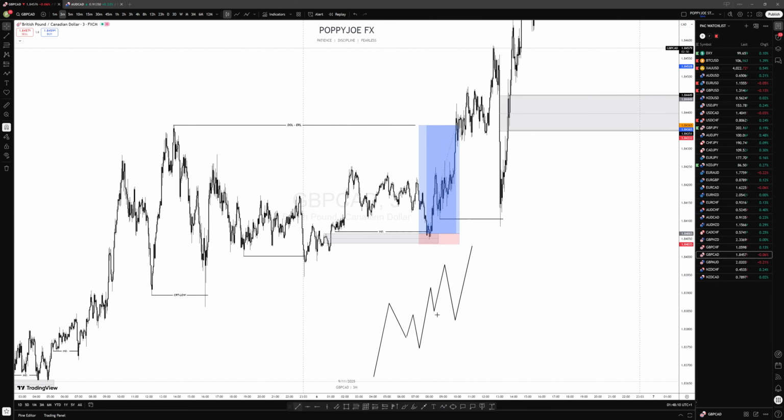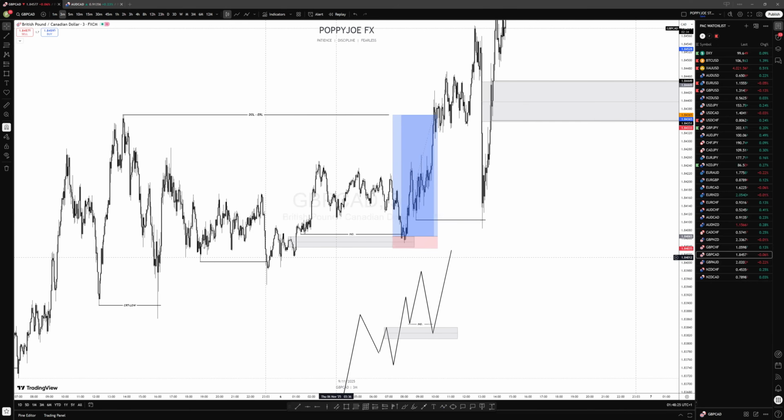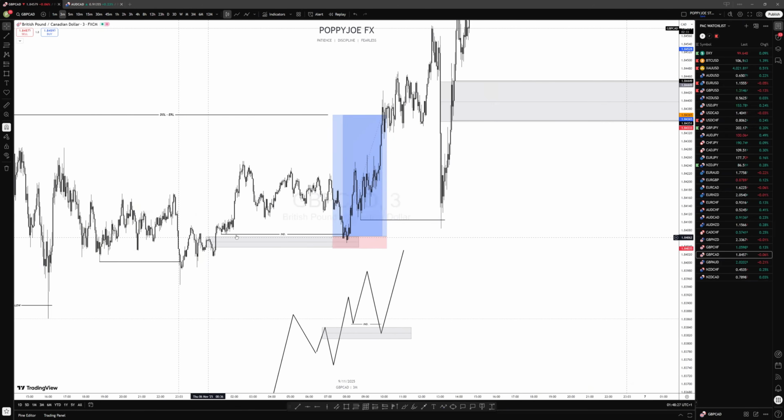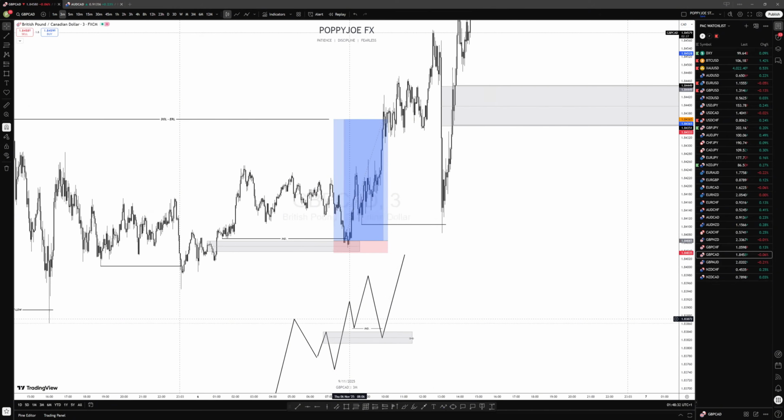So this low here is inducement. And this was a breaker block over here. Okay, this is a breaker block. So if you look at this closely, I use the breaker block here as the entry and this particular initial low as inducement for that entry. So that was the entry model that I used.